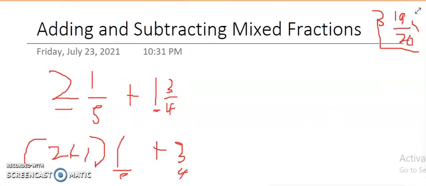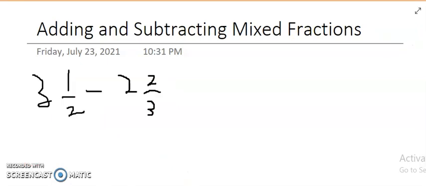So I have like 4 minutes more to explain subtraction of mixed fractions, so let me quickly do that. Subtraction isn't different from addition of mixed fractions.